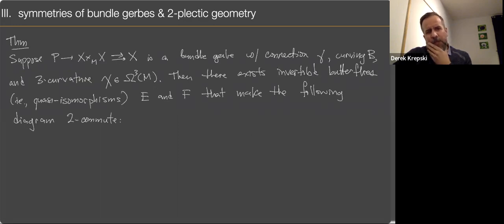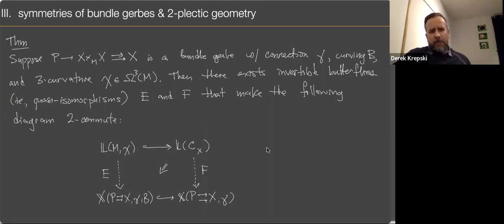So suppose that you have a bundle gerbe with connection and curving, and chi is its 3-curvature. Then there exist invertible butterflies E and F that make the following diagram commute. It turns out that this Lie 2-algebra of observables is quasi-isomorphic to the multiplicative vector fields that preserve both the connection and the curving.